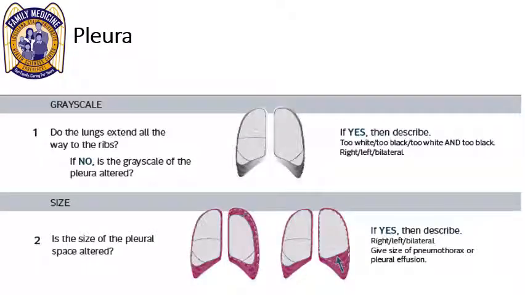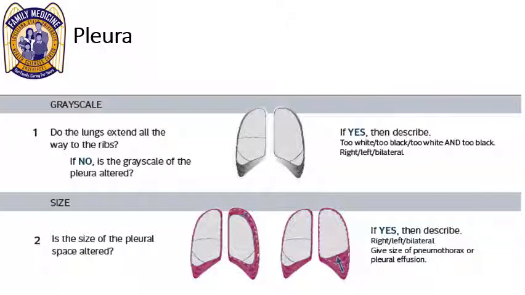So looking at the pleura itself, this is a very important aspect. This is where you can evaluate for members who have asbestosis, tuberculosis, although the tuberculosis is most likely localized in the apices because that's the highest concentration of oxygen. It can be pleuritic in nature.